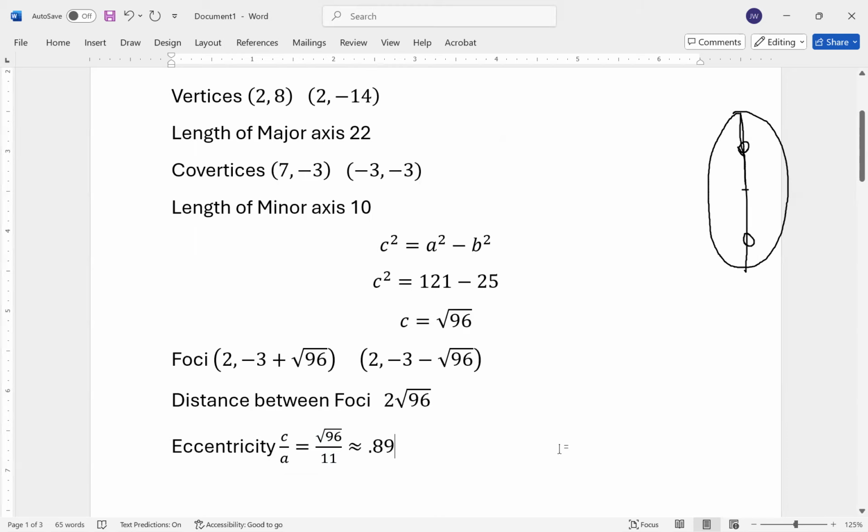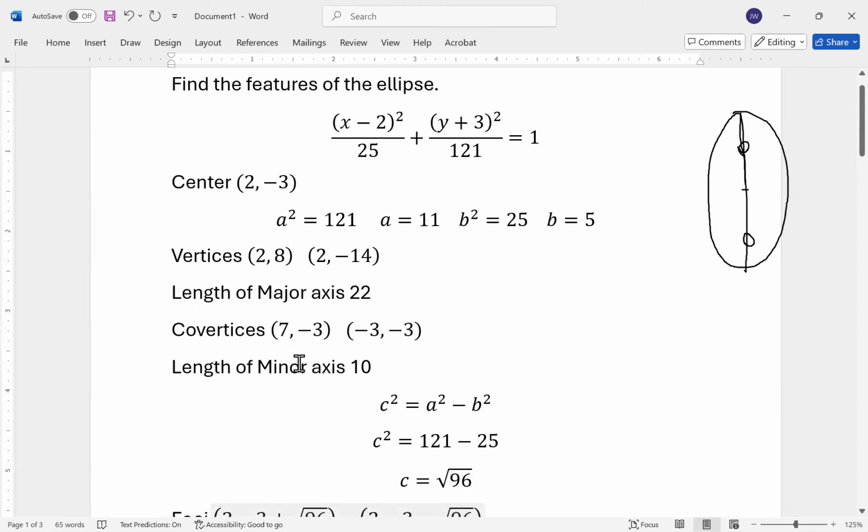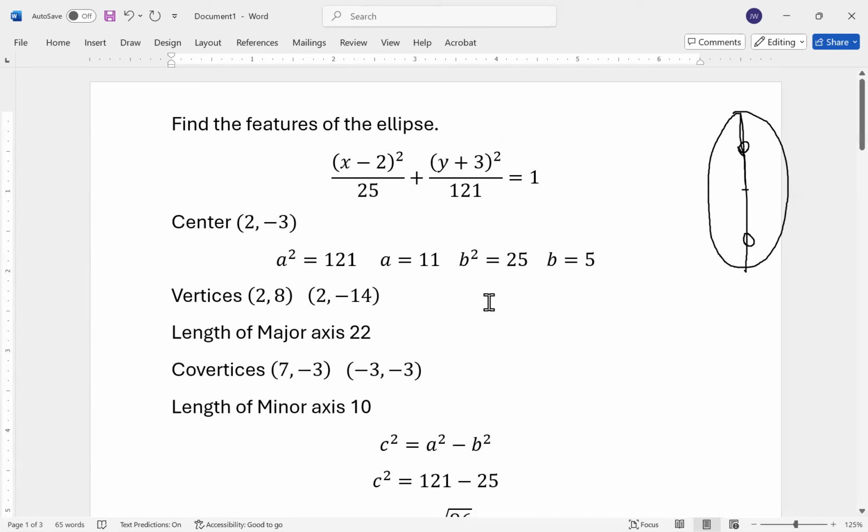So as you can see, to find the features of an ellipse, all we're really doing is the same process that we used when we started where our center was at the origin, except now our center is not at the origin, so everything gets shifted by that amount. Instead of moving up 11 units and down 11 units to get to our vertices from the origin, now we're moving up and down 11 units from the center.